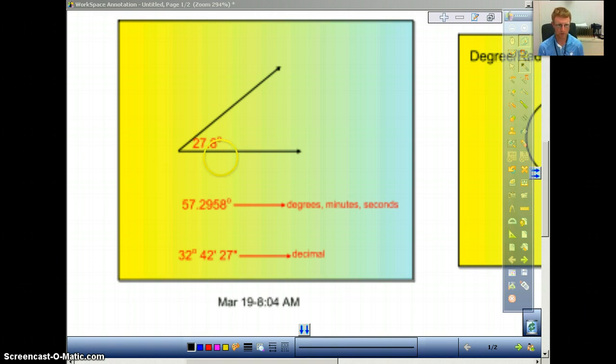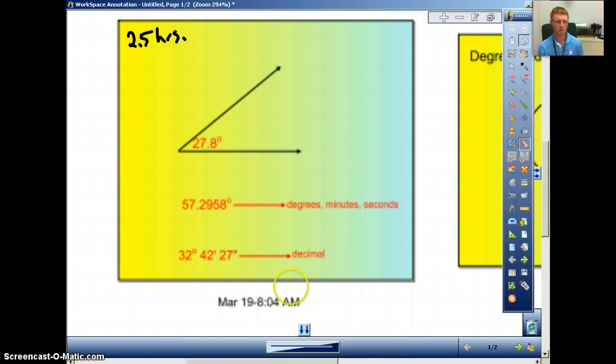Most of the time you'll see degrees written as a decimal, but it can also be written as degrees, minutes, and seconds. So think of it the same way as if I told you that we were going to go 2.5 hours, and I want you to write that as minutes and seconds. I hope that you're not going to tell me that's 2 hours and 50 minutes. I think you understand that 0.5 means half.